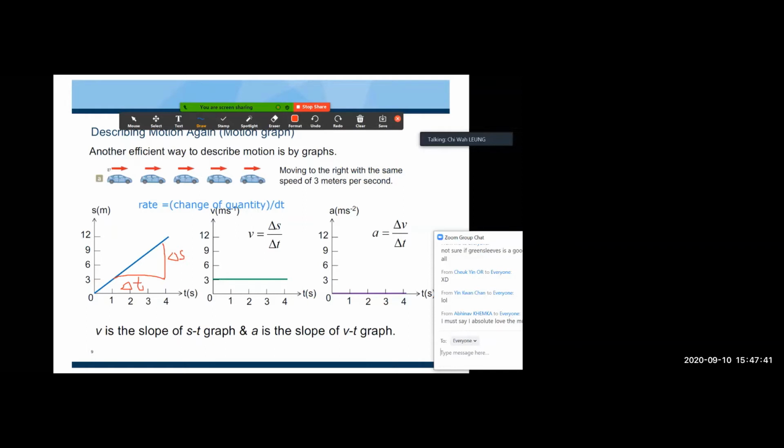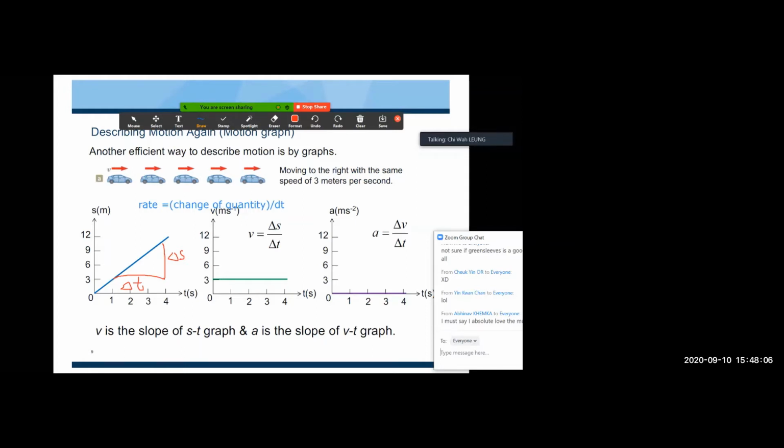If it is a flat line, it has zero slope and it has zero acceleration. Now, all these are very good because the change is gradual. The change is linear. But what if you have a change that is not gradual?